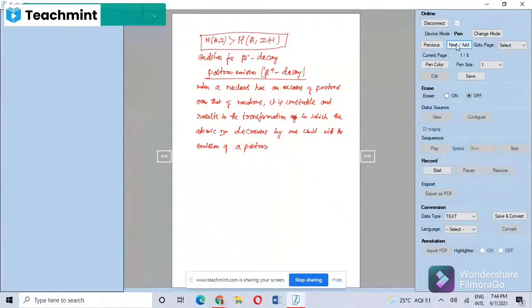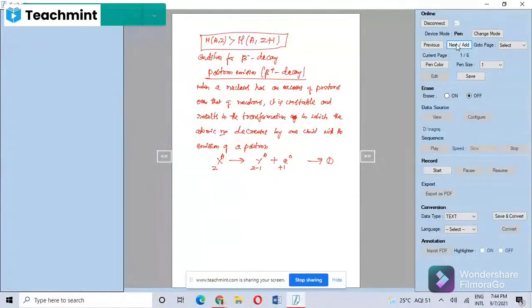Positron is nothing but beta plus, and the mass number remains unchanged. It can be represented like this: X of Z to A gives rise to Y of Z minus 1, A, plus e of plus 1 to 0. Call this equation number 1, and this is called a beta plus particle or positron.